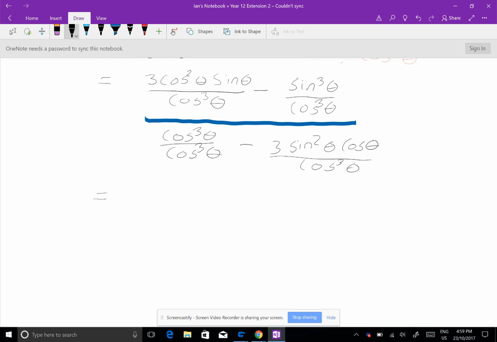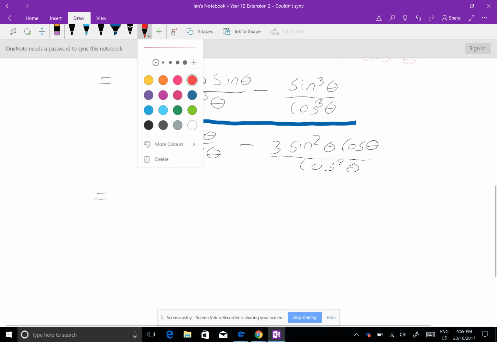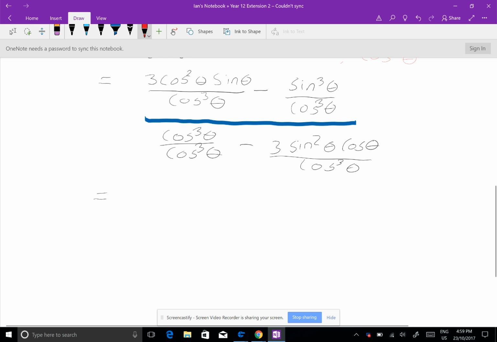Okay, well, let's look at the top. Cos squared theta is going to go with one of those, which leaves me with 3 sine theta on cos theta minus, well, I've got sine cubed theta on cos cubed theta.